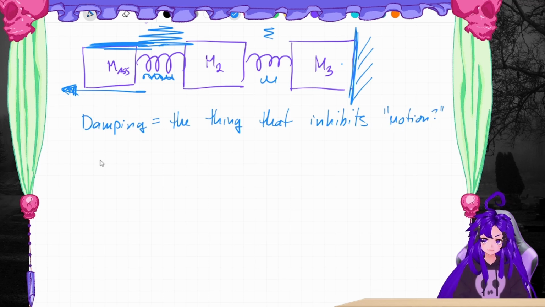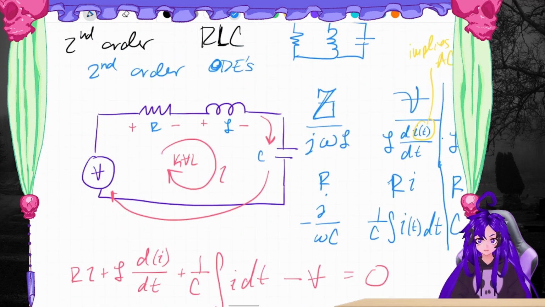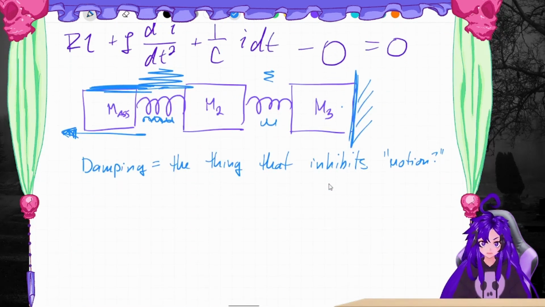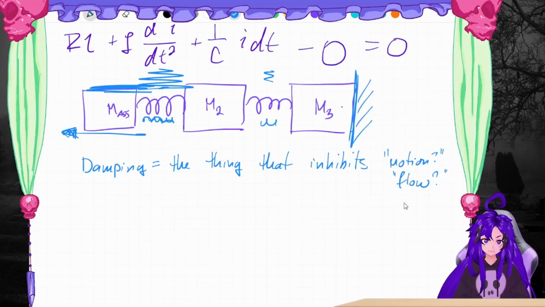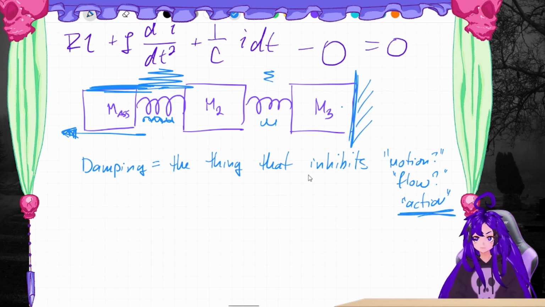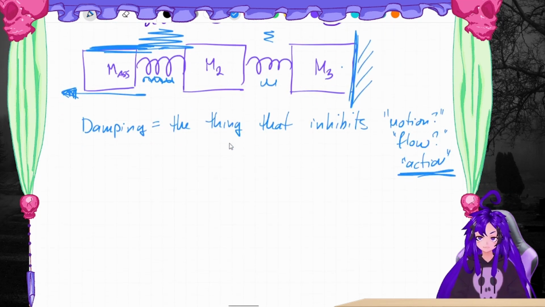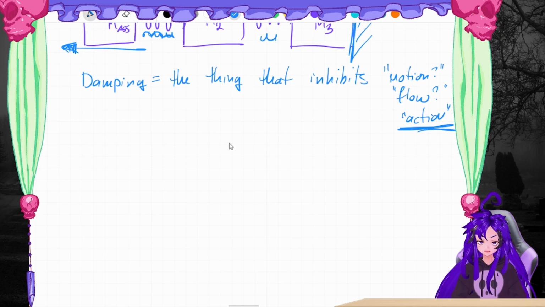But it is motion, right, in a circuit, because you've got electrons skittering around. So the thing that inhibits flow, maybe. Action? So that's what damping practically is.